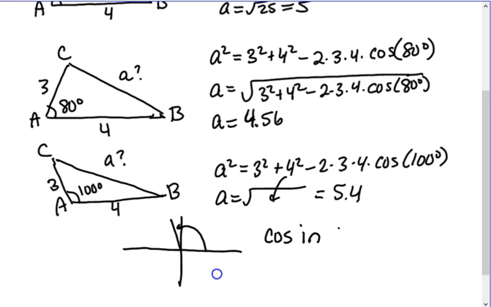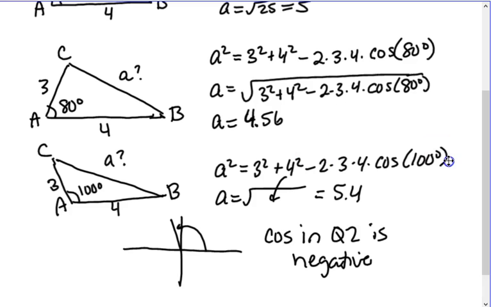Cosine in quadrant 2 is negative. So negative 2 times 3 times 4 times a negative number, I'm subtracting a negative number, which really means I'm adding something. So that's why this part of the formula becomes a positive number when the angle is greater than 90. So then a becomes bigger than what it would be if it was just 3 squared plus 4 squared.